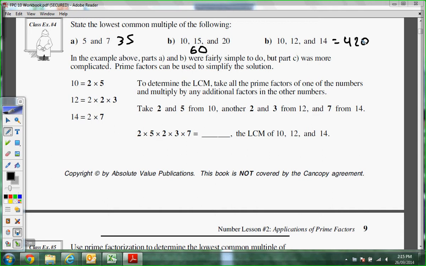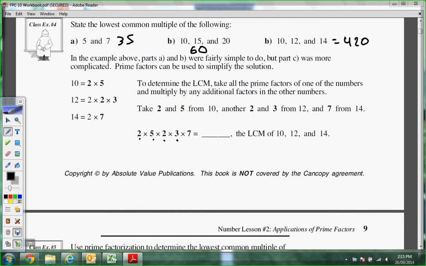So these are all the ones that are kind of different. So they have all these in common, right? So then they're multiplying by 2, 5, 2, 3, 7. Whoops. Hold on here. Oh, I see. So if they have them in common, that only counts once. That's how they're doing it. So you have 2, 5 from 10, 2, 3 from 12, and 7 from 14.